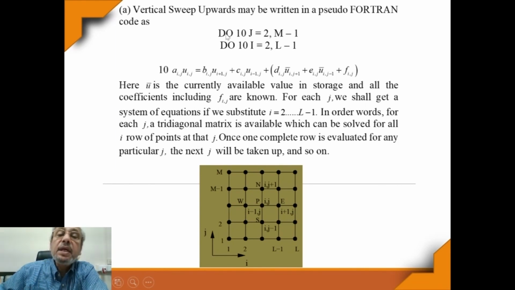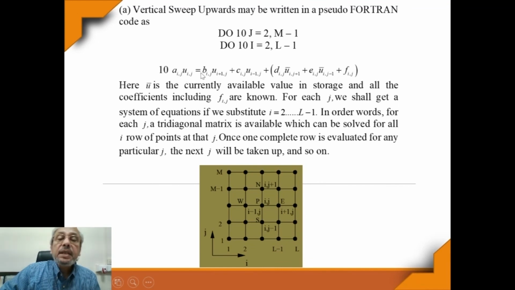Do 10, j varies from 2 to m minus 1. M is the maximum number of points, 1 to m, so we run the loop from 2 to m minus 1. Similarly, in the other direction, it is 1 to L, so we run 2 to L minus 1. So this do loop, j equal to 2 to m minus 1, i equal to 2 to L minus 1, and this is the algorithm.